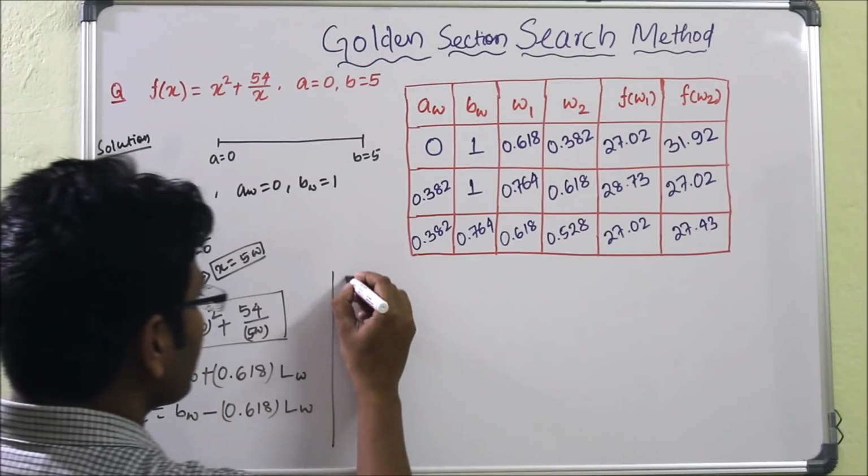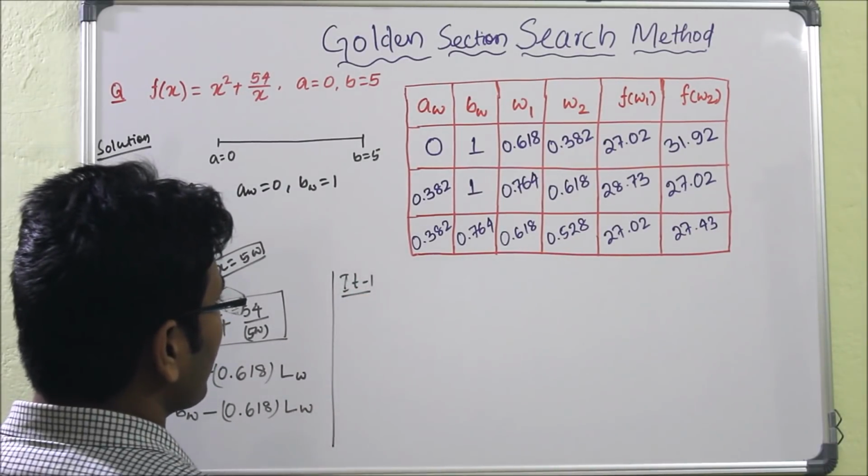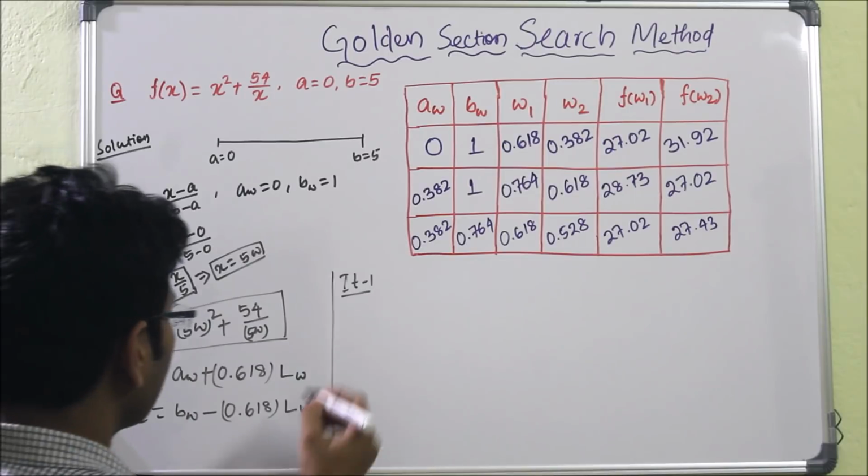Now we do the first iteration. We have to construct w1 and w2.